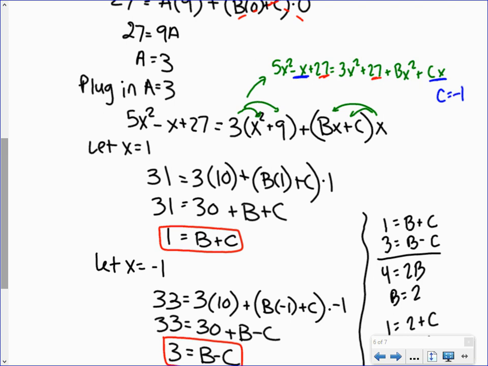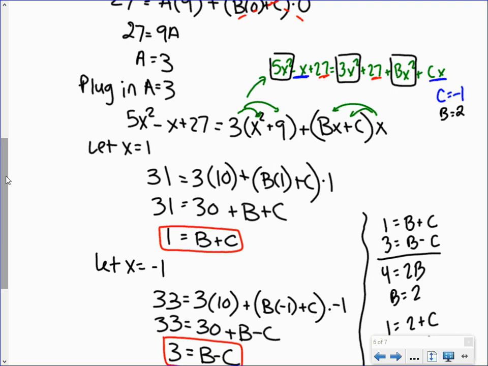Isn't that what we found? Oh, because it has to be equal. Yep. And then 5x squared on the left must equal 3x squared plus bx squared. So b must be 2. Isn't that what we found? So we would have had the same answer. I just wanted to show you both methods on this one.